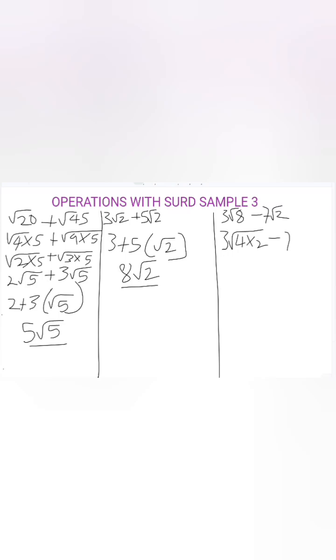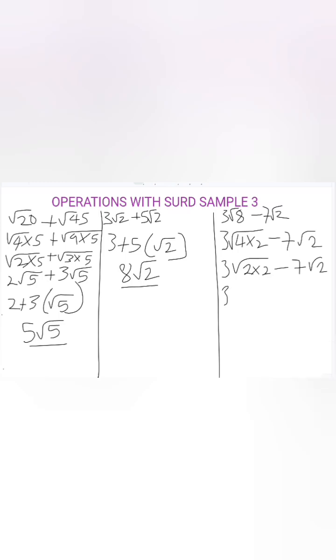Minus 7 root 2. Now, we'll go down. We say 3. Square root of 4 is 2, right? So 2 times root 2 minus 7 root 2. Next, we'll bring out our 2.